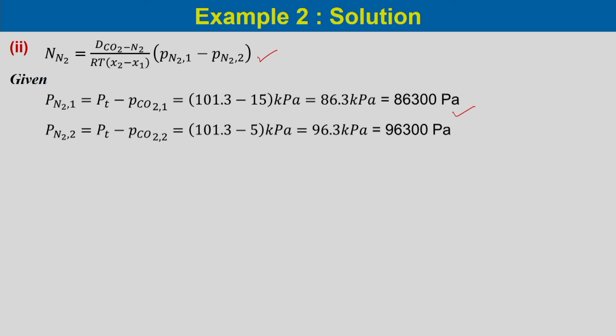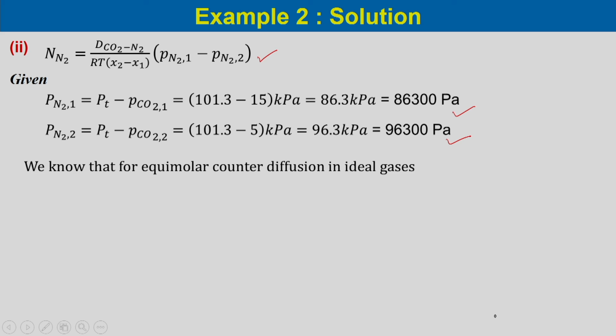P_N2 at 2 is equal to PT minus P_CO2 at 2, which is equal to 101.3 minus 5 kilopascal, which is equal to 96.3 kilopascal, which is equal to 96,300 pascal. So, P_N2 at 1 and P_N2 at 2 are known.